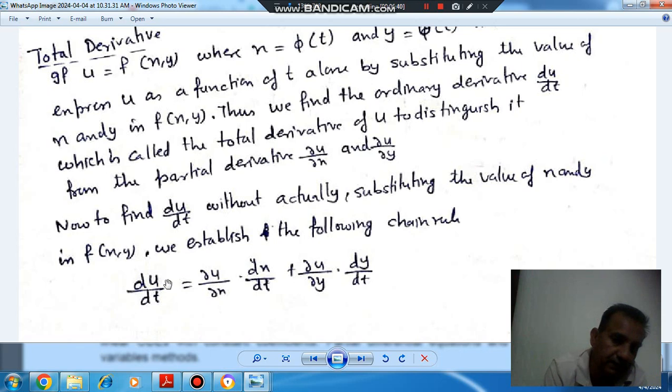So the simple derivative du by dt is equal to curly u by curly x into dx by dt plus curly u by curly y into dy by dt. Differentiate u with one variable, suppose it is x, then differentiate that variable with respect to t. And then do the same with the other variable. This is your chain rule.